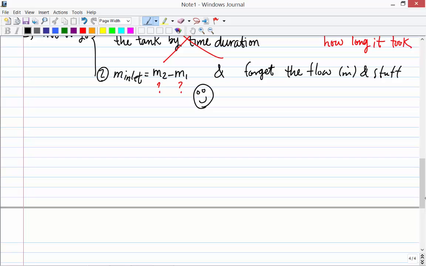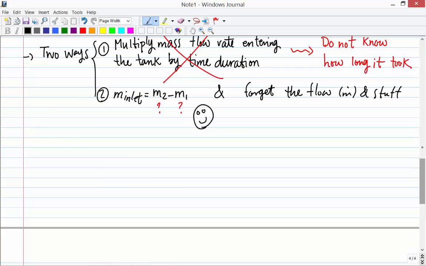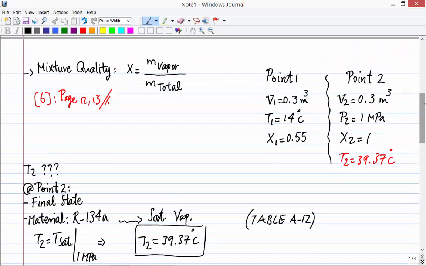So once again, let's check our summary table. Now I'm thinking about the initial and final mass. At points 1 and 2 both, I have the volumes, 0.3 meters cubed, 0.3 meters cubed. That's good. And at point 1, I have the temperature and the quality, so it's enough to find the specific volume, the little v. I can look it up on the table and solve for v1.